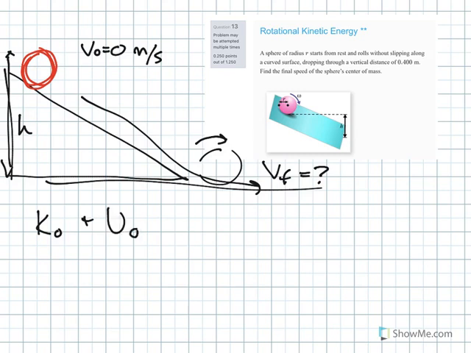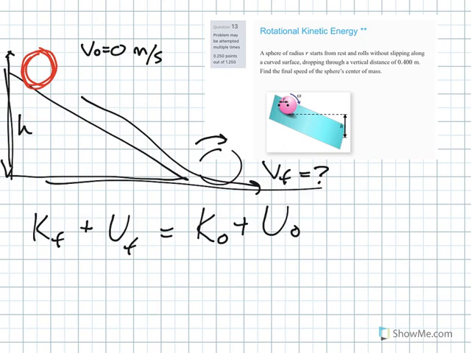Let me do this the other way around, with the final terms over here. At the bottom, we have a final kinetic energy and the final potential energy, equal to K naught plus U naught.